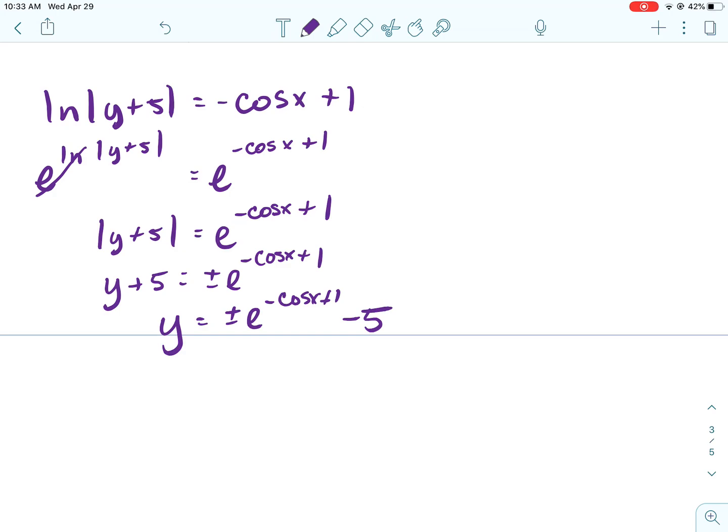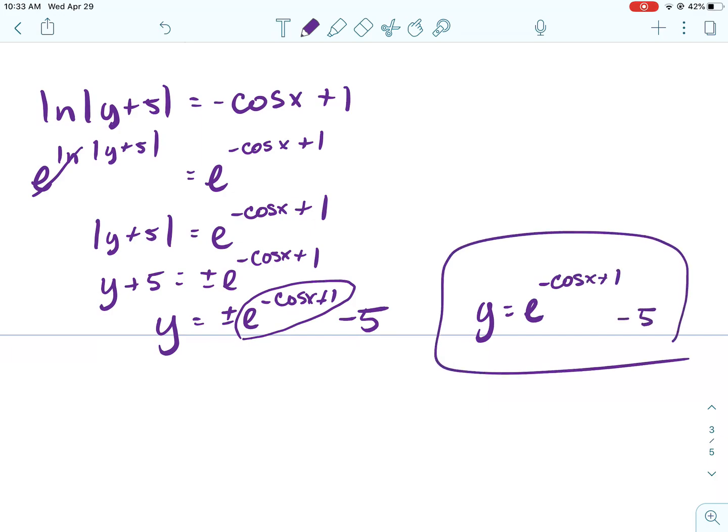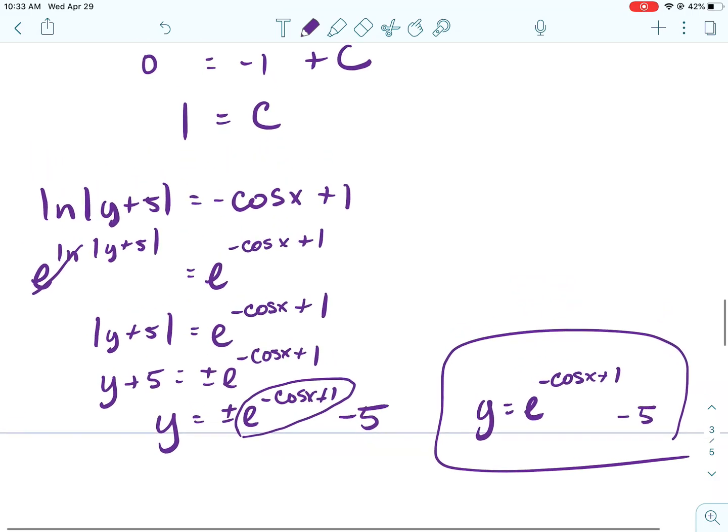Okay, so this is where you're checking that initial condition. So I need to be able to plug in 0 and get -4. So you'll have a calculator and you can just try it different ways. But the way to get -4 is if this thing right here gives you positive 1, because 1 minus 5 gives you negative 4.